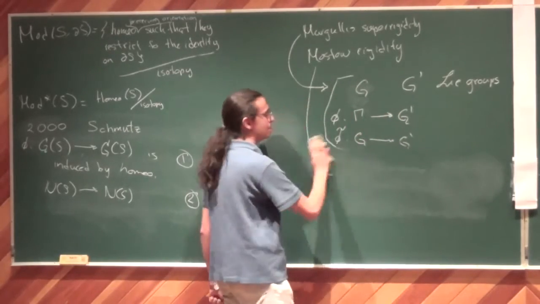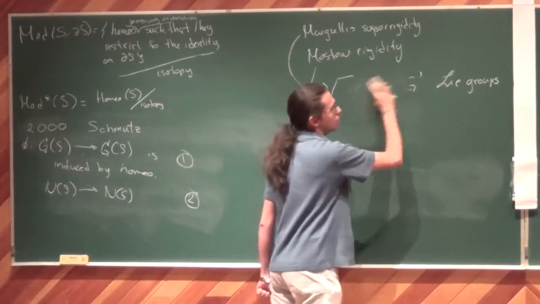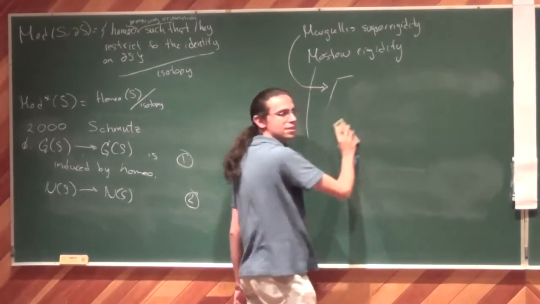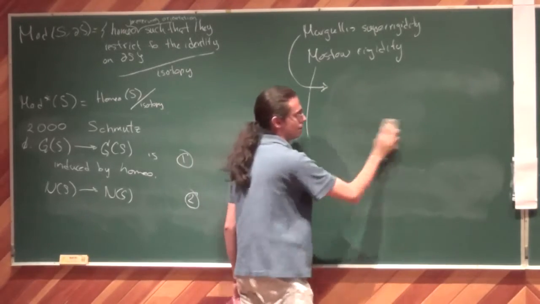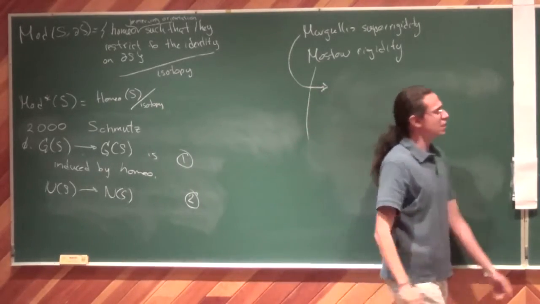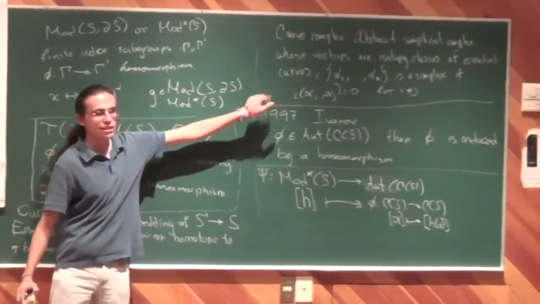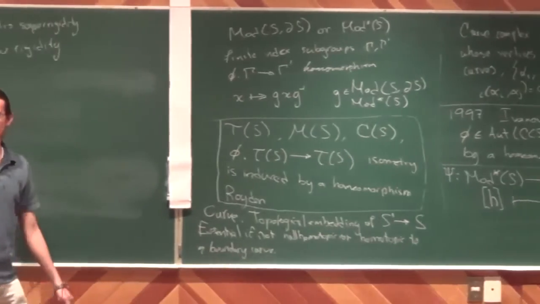I still have more time. There were results that were actually quite easy in the infinite case. For example, given the curve complex, we can check its one skeleton.